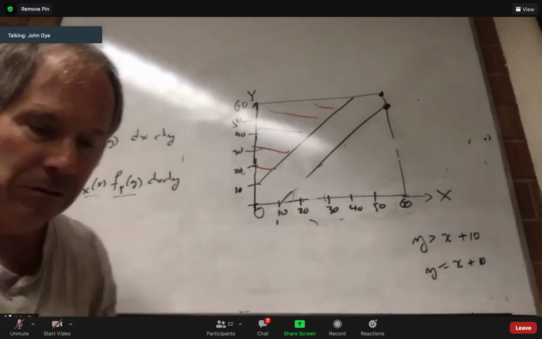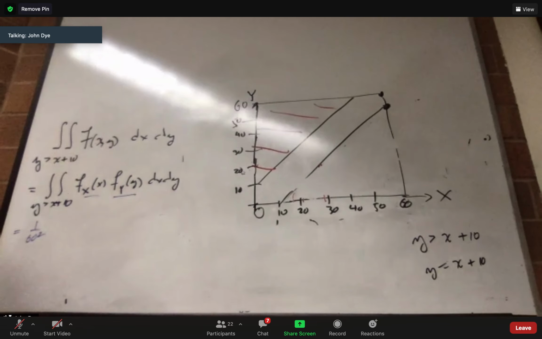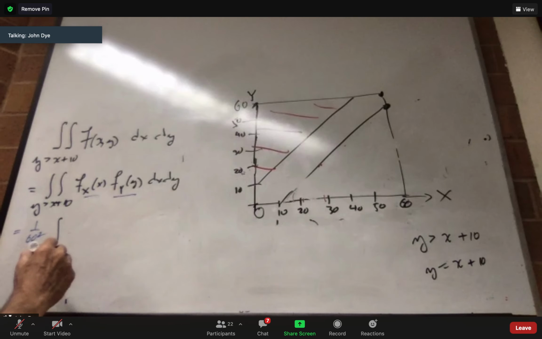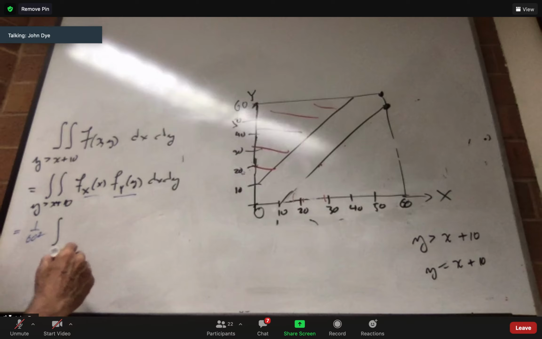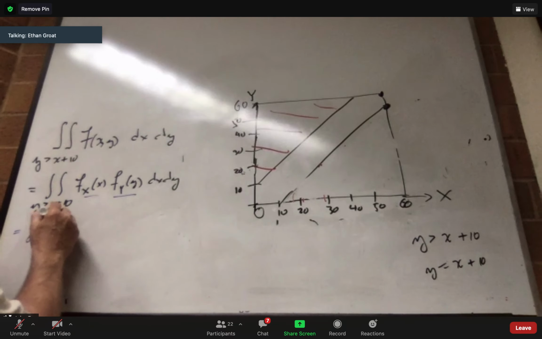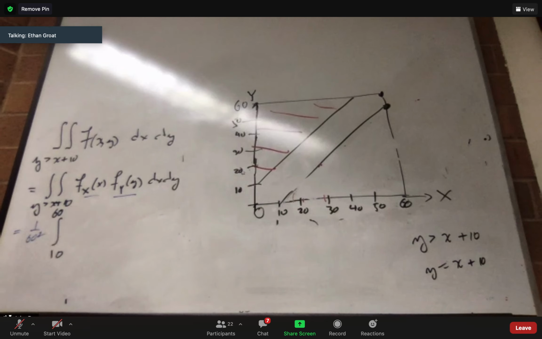And now, to integrate this region, y goes from what to what? Let's do the y. So y goes from 10 to 60. I'm a bit confused. Our limits are in terms of 0 to 60?